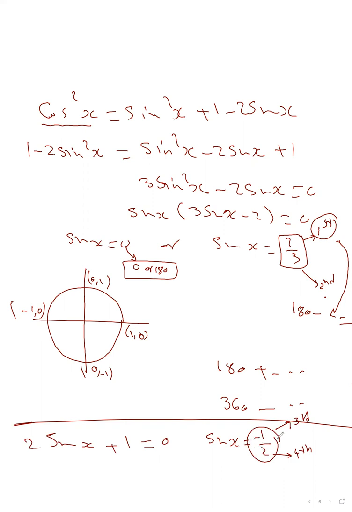The sign is negative in the third quadrant and the fourth. If sine x equals half in the first quadrant, then x equals 30. Then distribute this angle to the third and the fourth. The third will be 180 plus the angle, which equals 210. And the fourth will be 360 minus 30 equals 330.